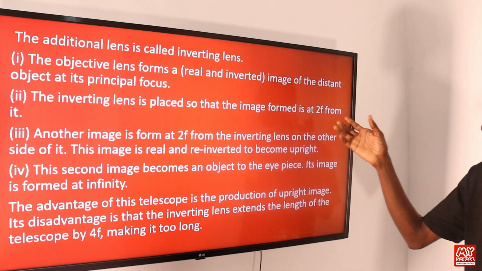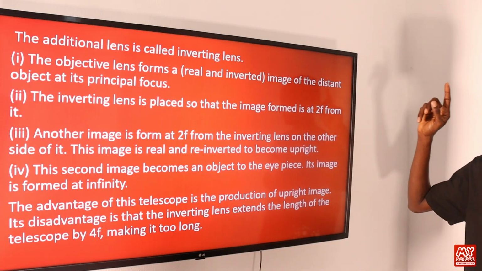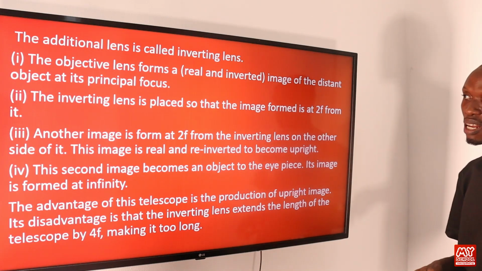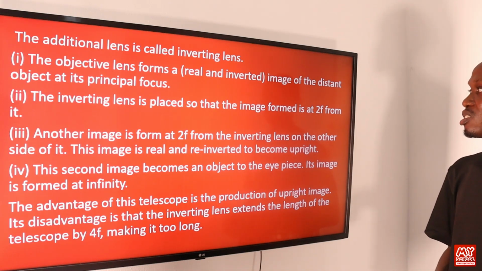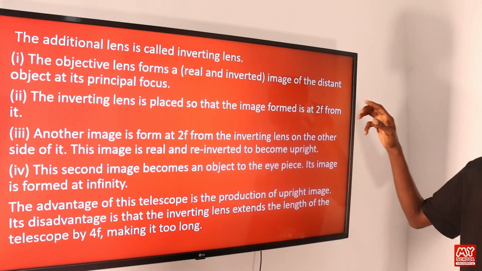So how does this work? The objective lens forms a real and inverted image of the distant object at its principal focus. The inverting lens is placed so that the image formed is at 2f from it, where f stands for focal length.